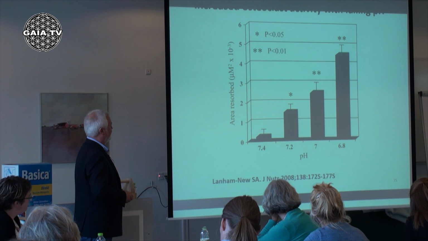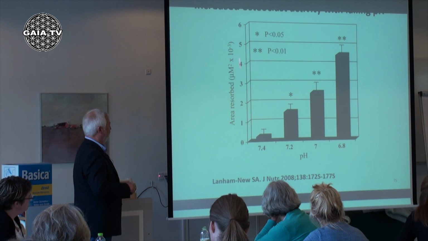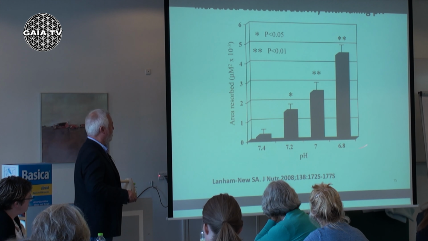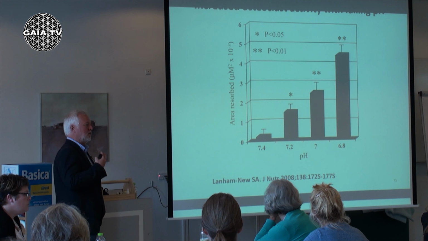So for sure, osteoporosis is not so easy. You cannot say it's a calcium deficiency disease. Absolutely not. It's also not a milk deficiency disease. It's a problem of balance, and over-acidification is the main problem of having losses of calcium. And there are more and more studies showing this. The more acidic, the more active the osteoclasts are.